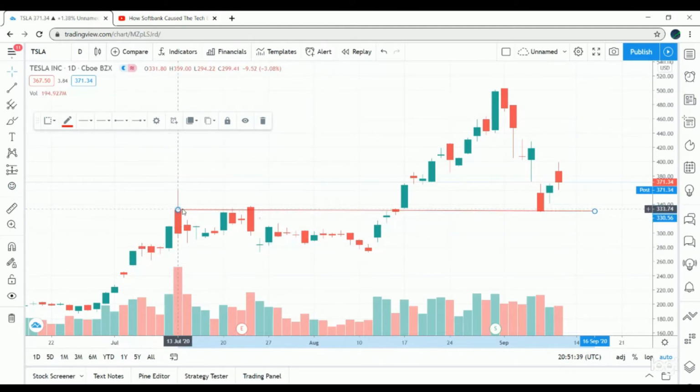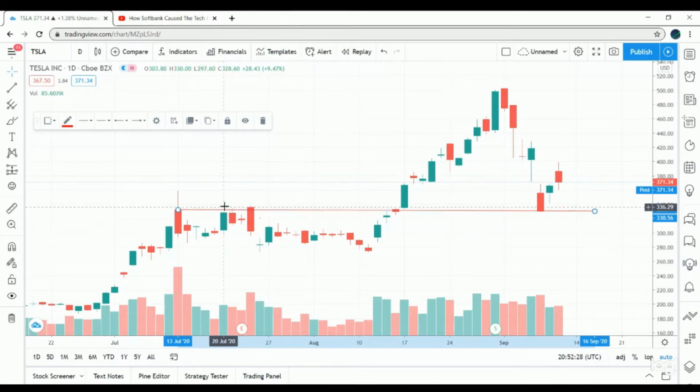For you, this would be a resistance line, because it went to this point, then it went down, it went to this point again, then it went down, it went to this point again, and it went down again, right? So basically a resistance line is a point in the stock that is higher than the current price, or about the same as the current price, that historically the stock was not able to get past, right? So that's what a resistance line is.